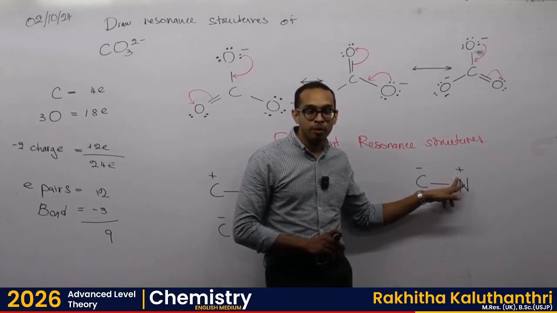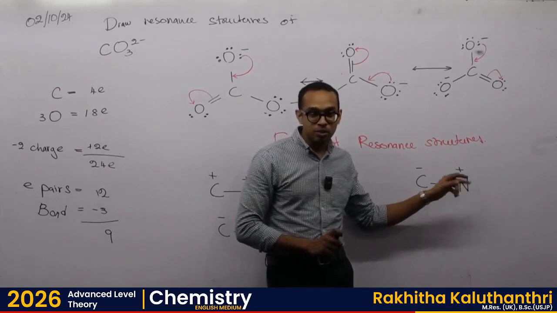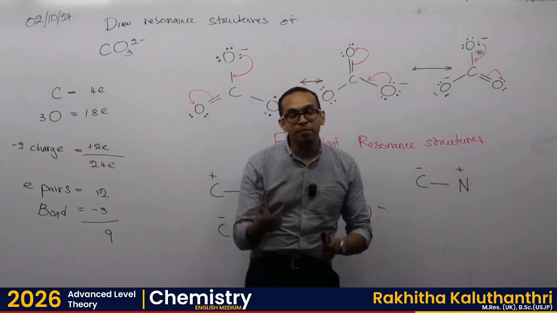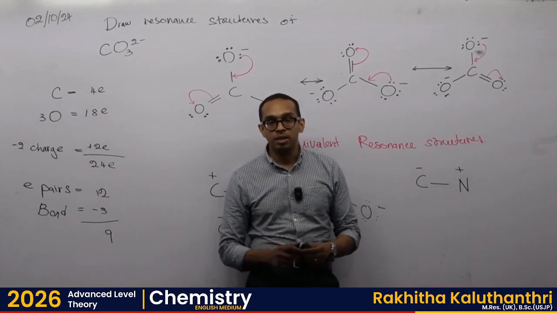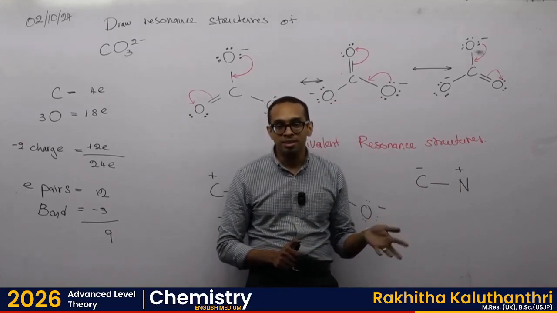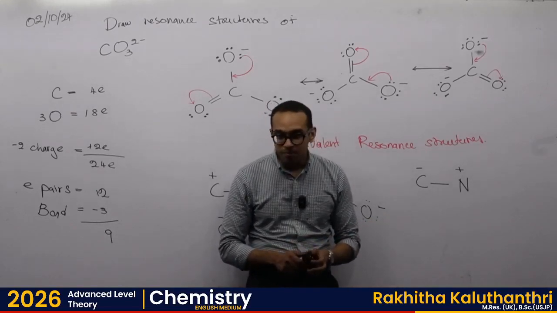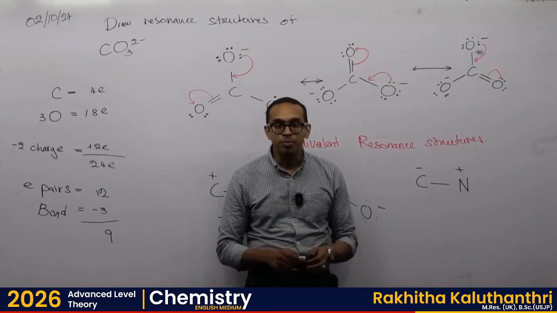Having so would make it a little bit unstable. Is that clear? So the more electronegative elements should be given the negative charge. Less electronegative elements should be given a positive charge whenever possible. Is it understood? Clear? Those are the simple rules, students.